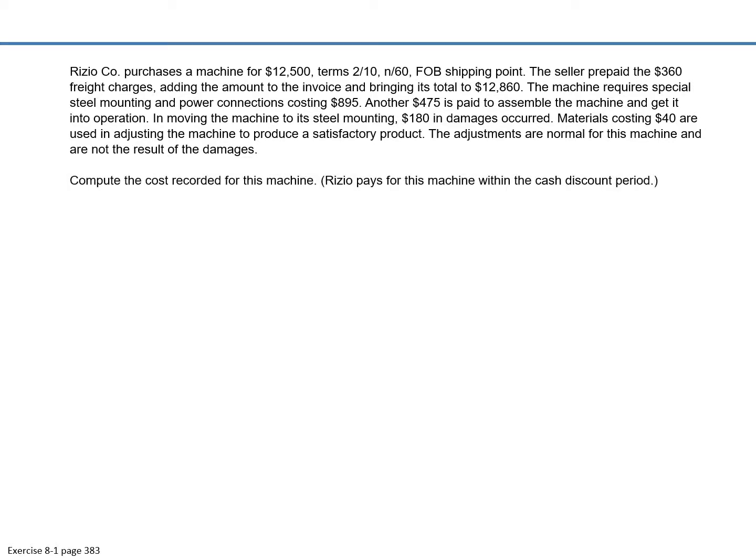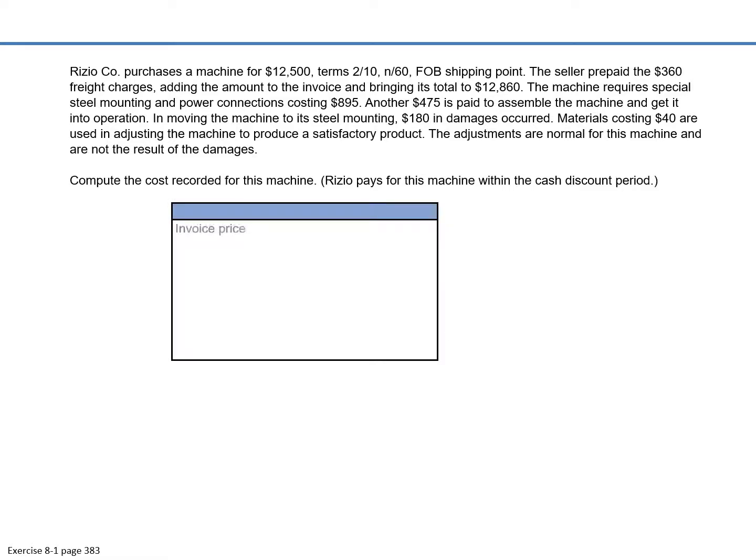So they want us to compute the cost of the machine. We're going to include our total invoice price, $12,500. We're also going to include the cash discount of $250. So we have a net purchase of $12,250.